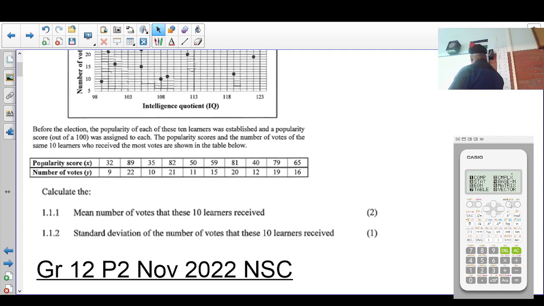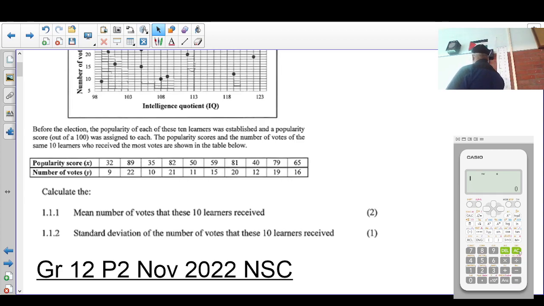So we press mode, stat, 1 for one variable. So we've got 9, 22, can somebody read the numbers please? 10, 21, 11, 15, 20, 12, 19, 16.